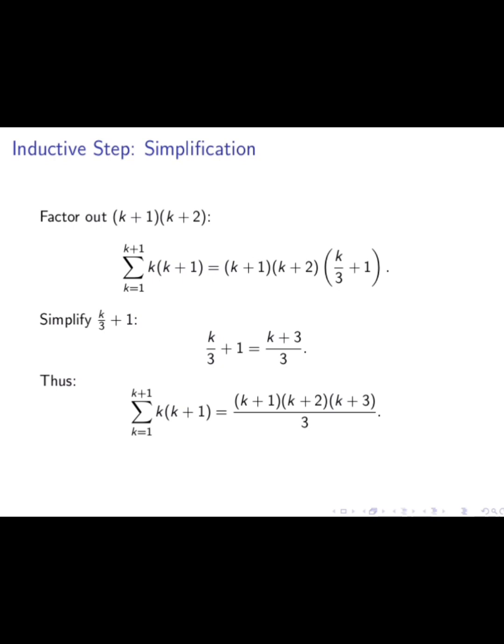So now we can go ahead and simplify k over 3 plus 1. k over 3 plus 1 is k plus 3 all divided by 3. And don't forget that we already factored it out, so it is the one multiplying everything. So we have our expression below: the summation from k equals 1 to k plus 1 of k open bracket k plus 1 is equal to k plus 1, k plus 2, k plus 3, all divided by 3.